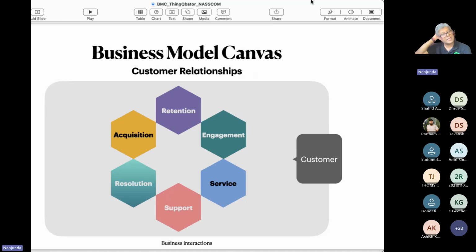Most times, customer relations are approached from a point after the product is fulfilled, which is when the customer comes in for the customer relationship. That is a very wrong approach. Many businesses could afford it in the past because it was producer driven.